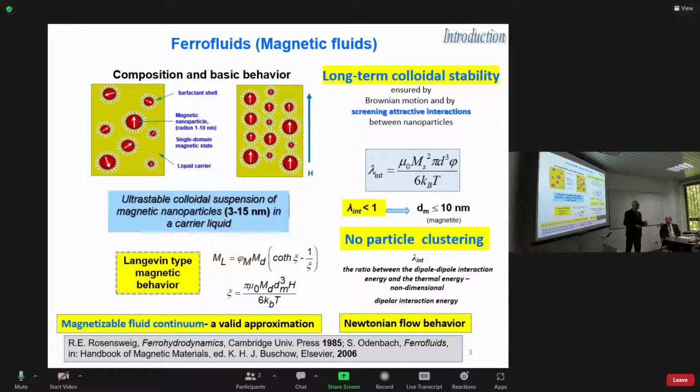Of course, there are iron also, cobalt also, but all what is in use actually is iron oxide, which may be magnetite or maghemite. The particles should be really very small to have what we mean by ferrofluid. What is a ferrofluid actually?